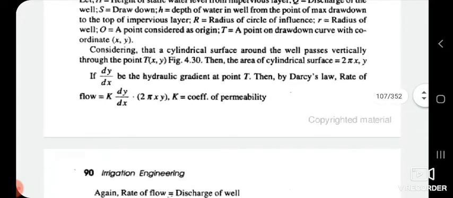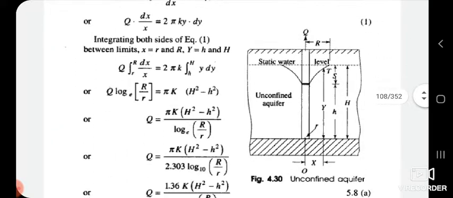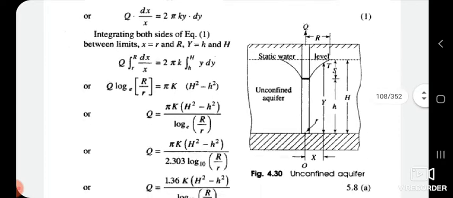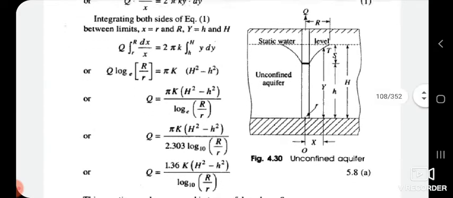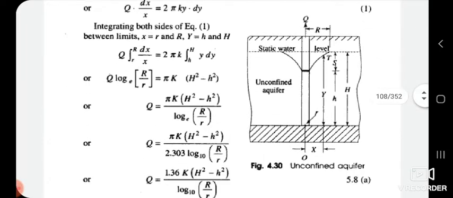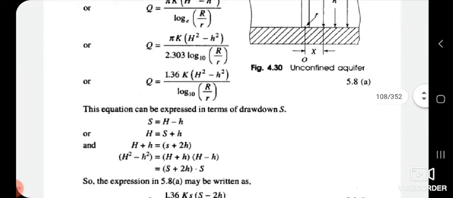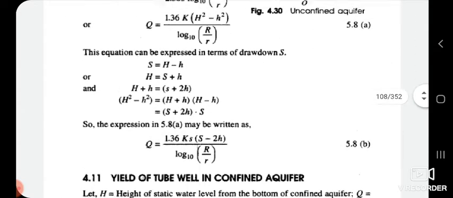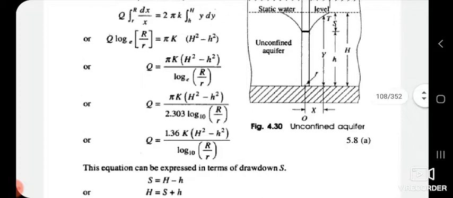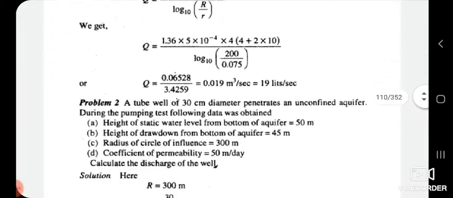It is the point on the drawdown curve with the coordinate x, y. So you can see where s is, and capital H, small h, r, and the static water level and impervious layer. You can note down and also try to recall how it has been derived. Then you can move on to the solution.